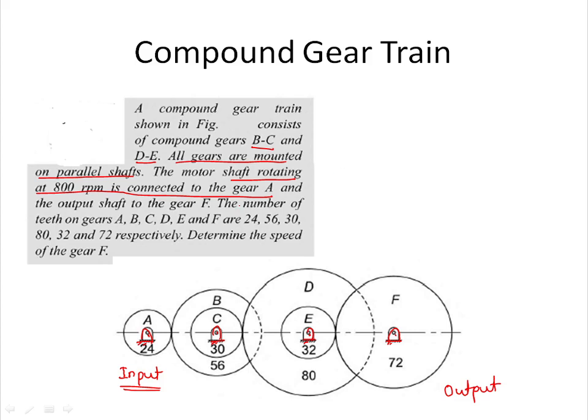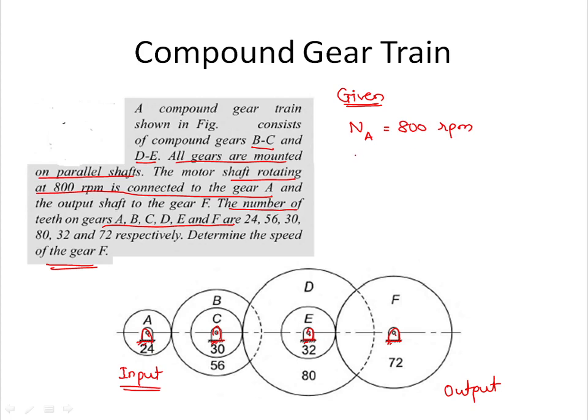Then the number of teeth on gears A, B, C, D, E, F are given respectively, and we have to determine the speed of the gear F. So let us write the given data over here first. What is given? The motor shaft rotating at 800 rpm is connected to gear A. That means speed of gear A is given as 800 rpm.